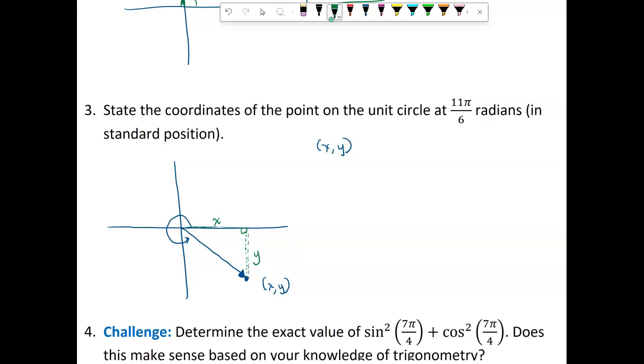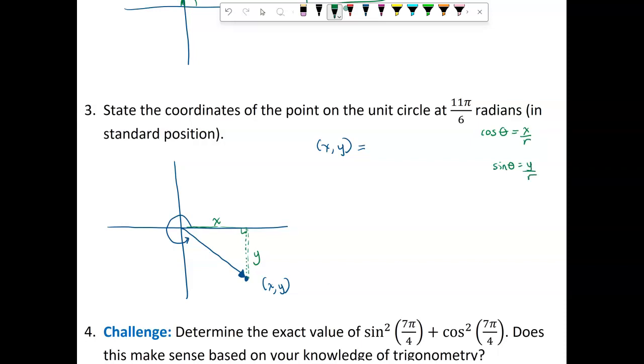When we deal with these trig functions, we're talking about this triangle, and we can think back to cos and sine, because cos of any angle is dealing with x over r, and sine of theta is always dealing with y over r.